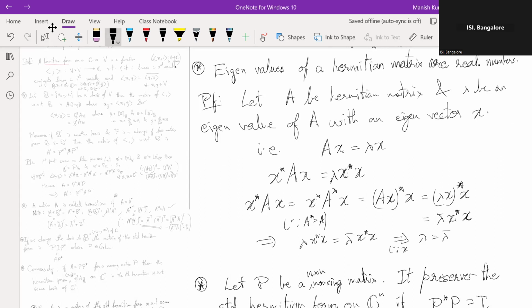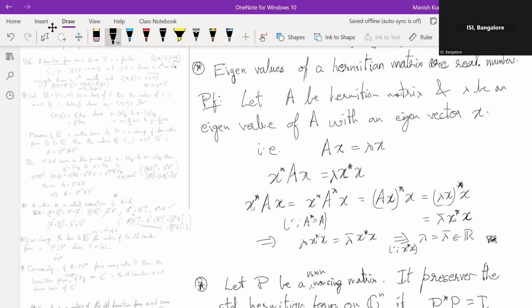In fact, it's a non-zero real number, but that is not very important; as long as it is non-zero, that is good enough. So we get that all the eigenvalues are real.